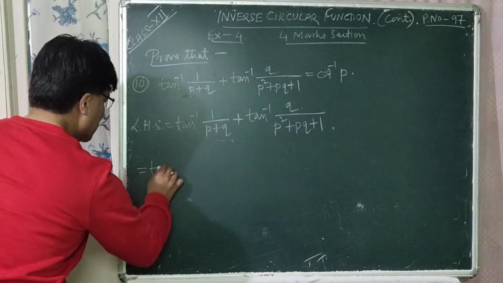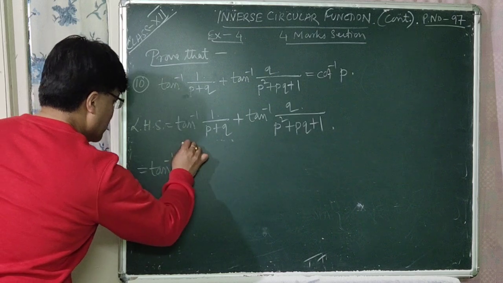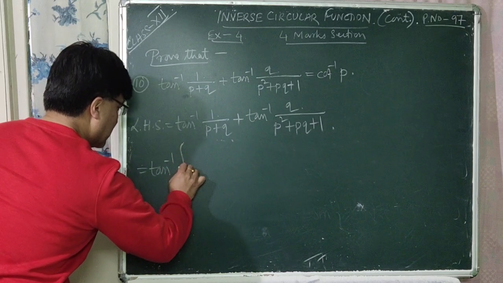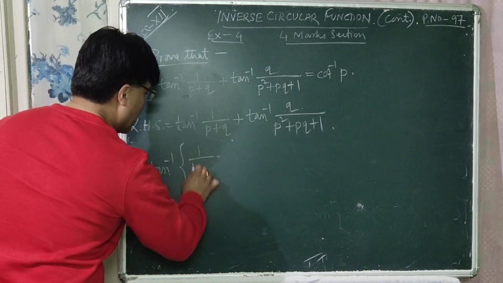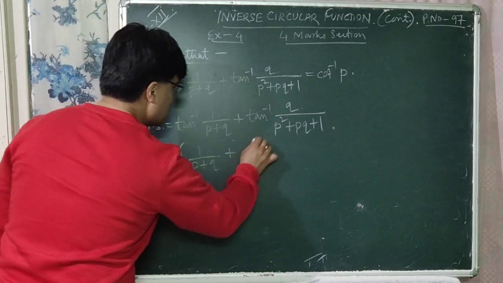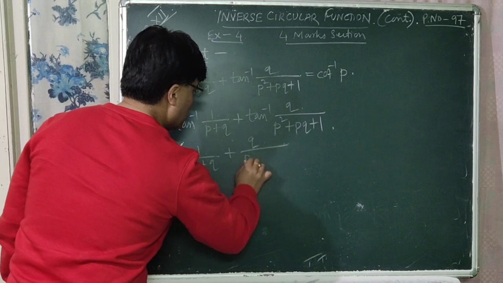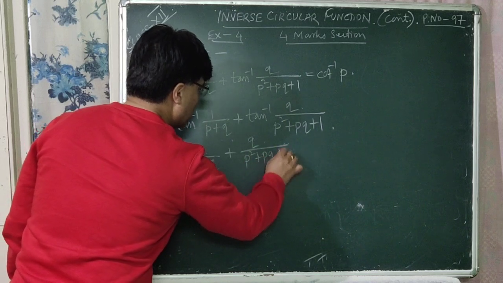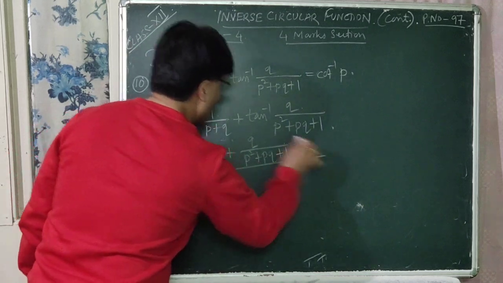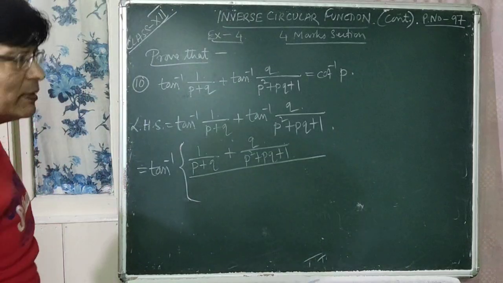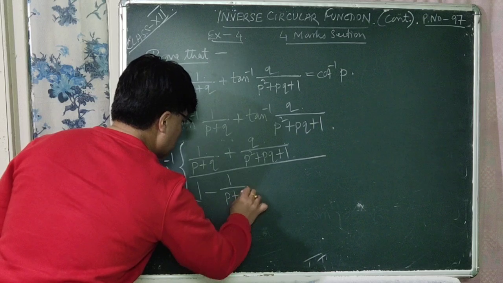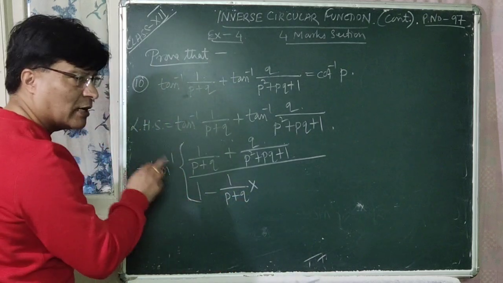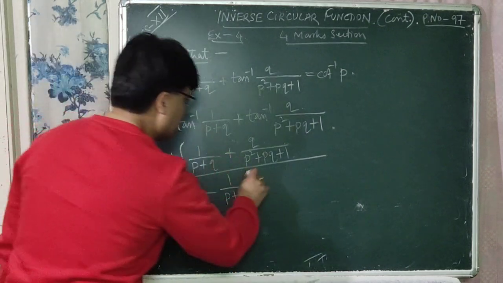So which is equal to tan inverse within second bracket. Let us write it within second bracket. What is X in this case? 1 upon P plus Q plus Q upon P square plus PQ plus 1. This whole divided by 1 minus xy, isn't it? 1 minus 1 upon P plus Q into, this is X, 1 minus X into Y. What is Y here?